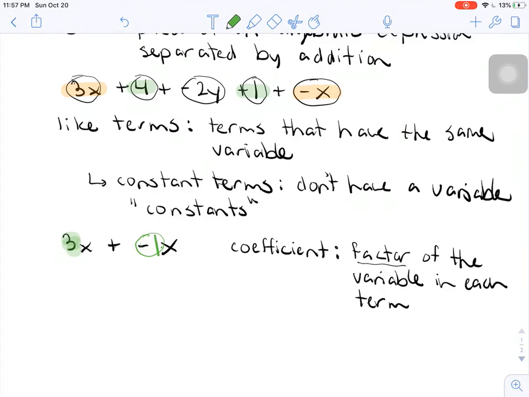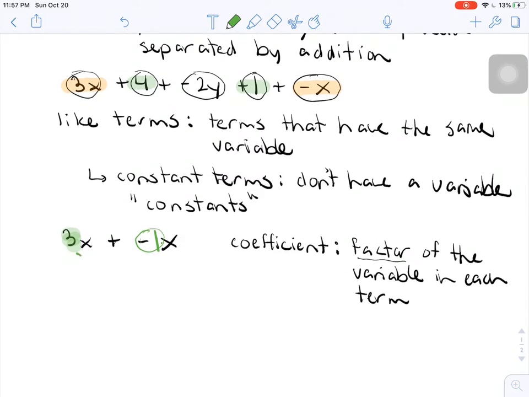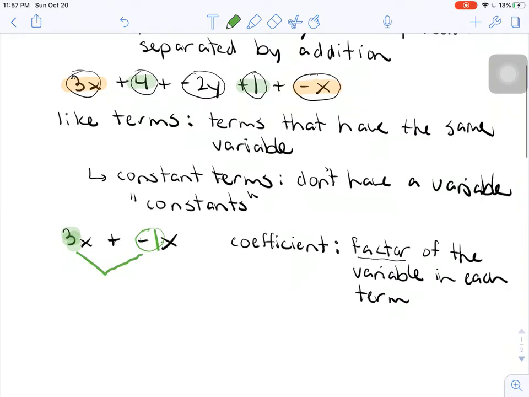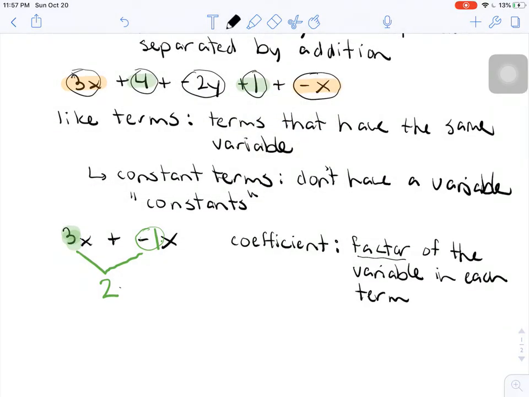The reason we talked about coefficients is because coefficients tell us how to put the expression together. Since this is an adding problem, what I'm actually adding is the coefficients. So I could do 3 plus -1, which is 2. Since what I'm counting is x's, it's going to keep the same variable it started with.